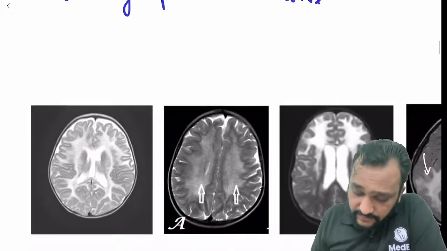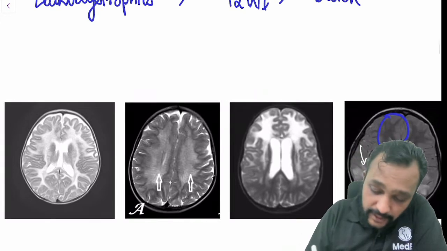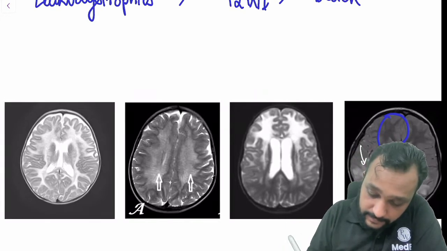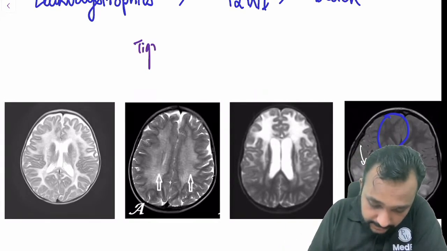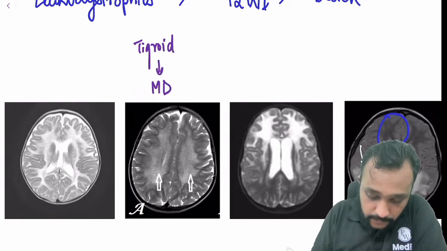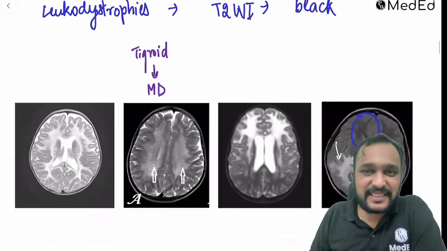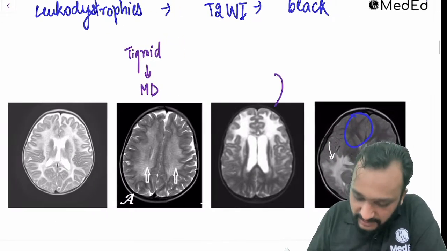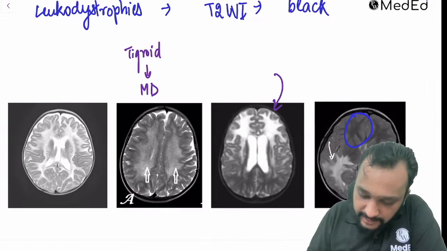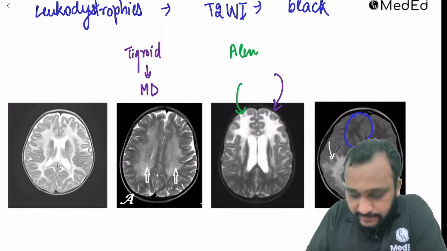So guys, if the white matter is giving a tigroid appearance, it is seen in patients with metachromatic leukodystrophy. If hyperintensities are seen predominantly in the frontal lobes, that is seen in Alexander disease.